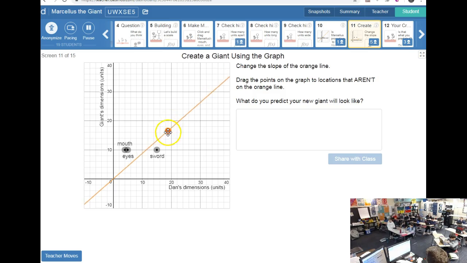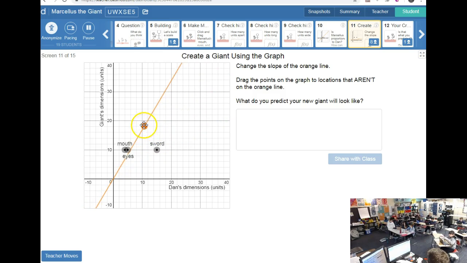If I drop this orange point to where Dan is 20 and the giant is now 10, what does that mean? 20 compared to 10? Yeah, the giant's smaller, or Dan is 2 times as big.